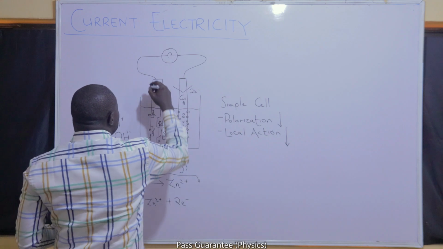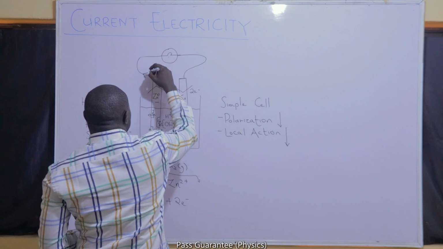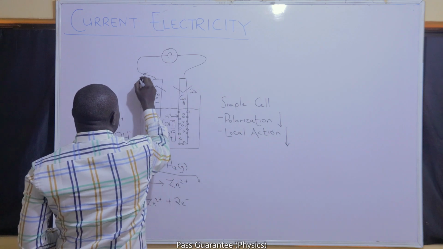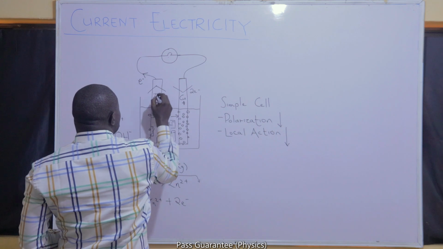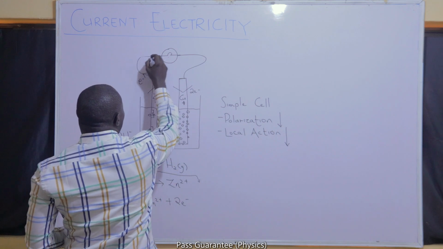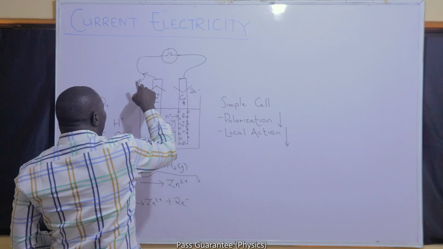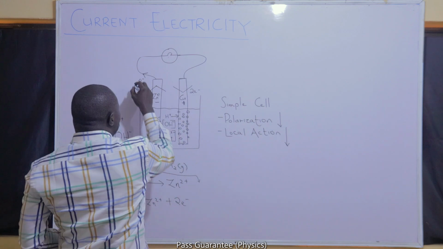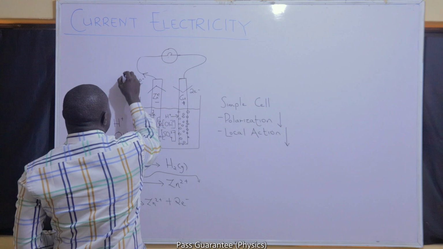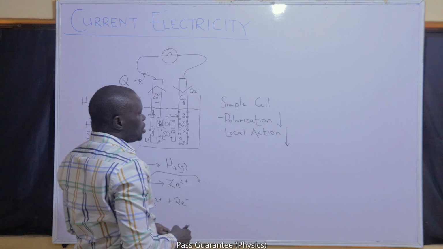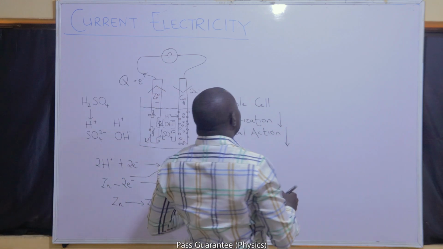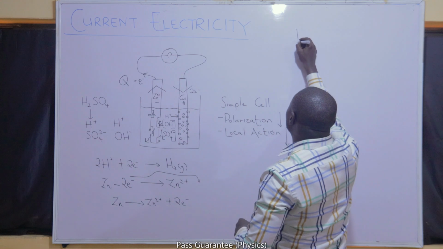Cells generate current, as we have said. They generate current in terms of electrons that are generated from one electrode and move to the other electrode. The flow of these electrons can also be called charges. The rate of flow of these electrons around the cell is what is called the current.